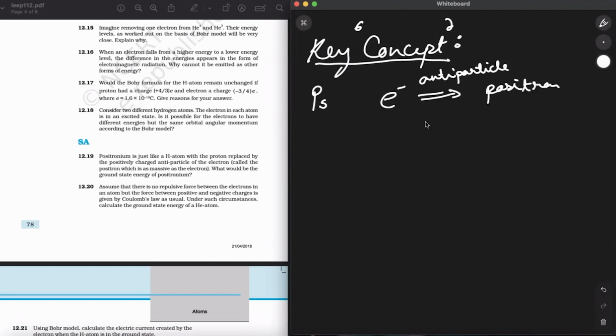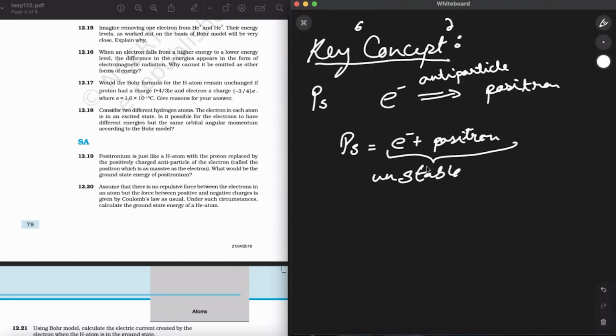A positronium consists of an electron plus a positron, bound together in an exotic form. This is an unstable form; this whole system is unstable. First of all, this you need to know. Okay, so let's start this question.